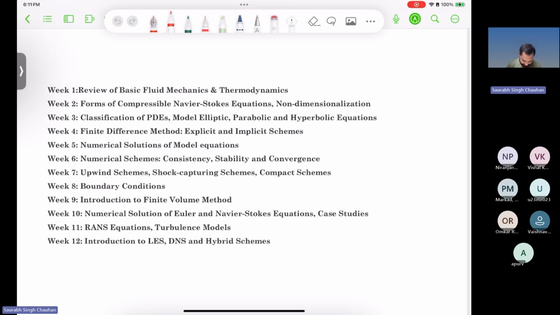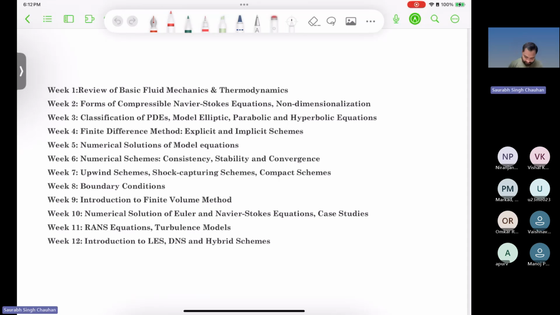In the first few weeks, we discuss concepts related to fluid dynamics, thermodynamics, and governing equations. Then how we discretize, how we do meshing, boundary conditions. Then we discuss turbulence modeling. And at last, we also cover LES and DNS, that is, large eddy simulation and direct numerical simulation.